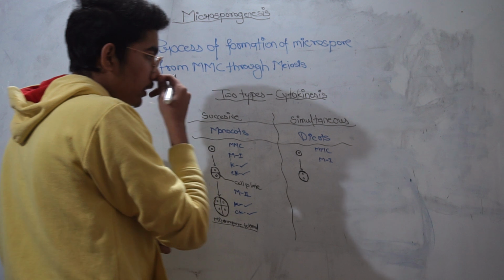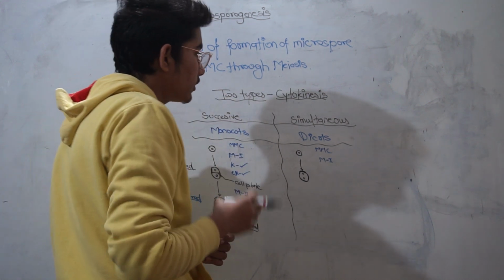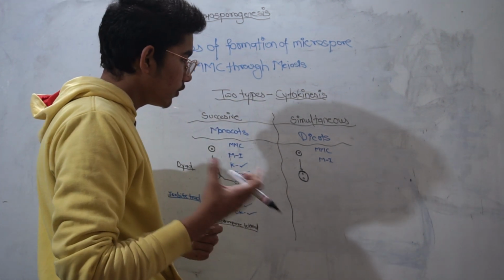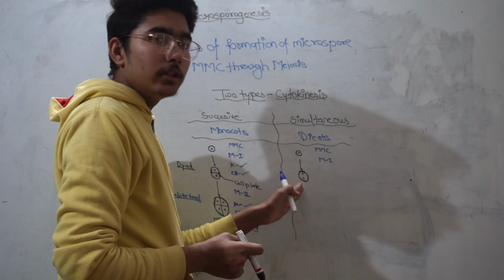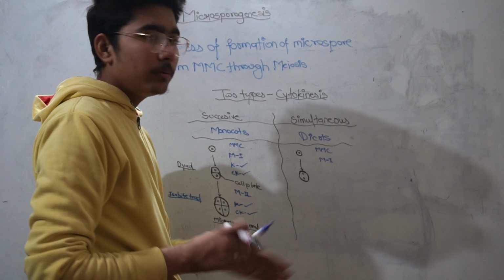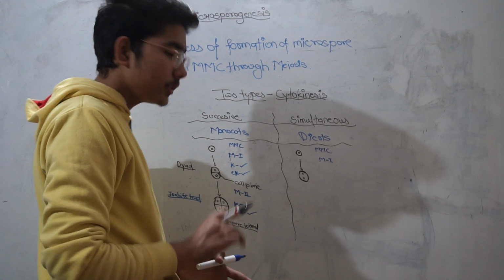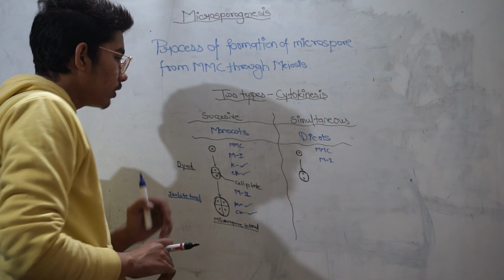But in the case of the simultaneous type of cytokinesis for dicots, there will be no formation of cell plate as you have seen in monocots.